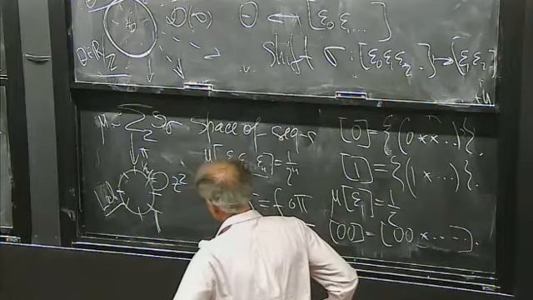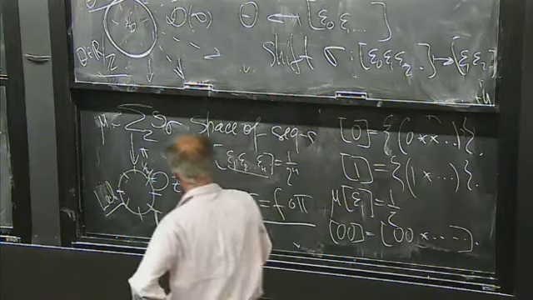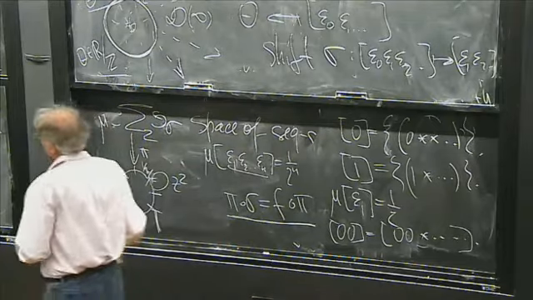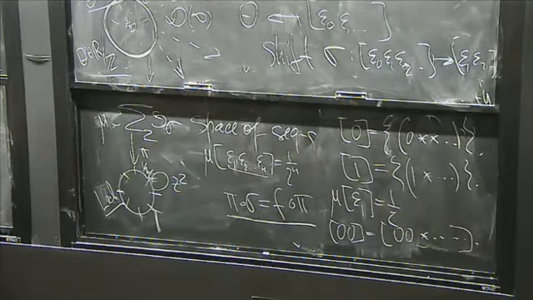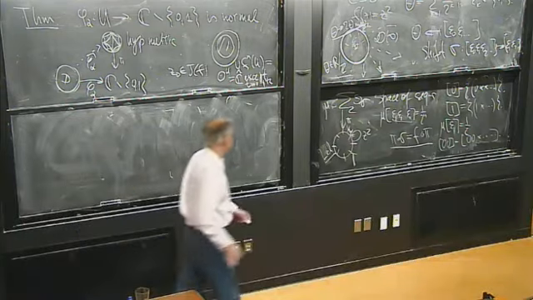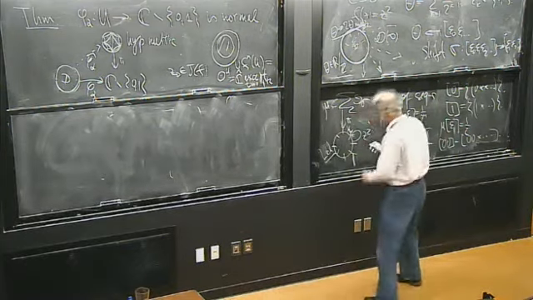Important properties that I would like to mention here of this measure. First of all, this measure is an invariant measure. So the invariance could be a little bit strange at first glance, because it is a doubling map.